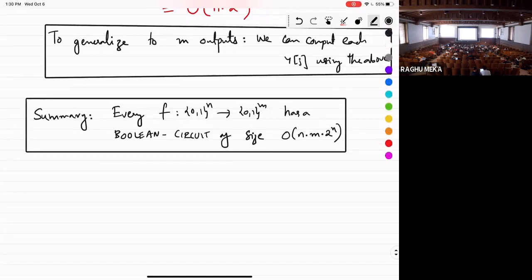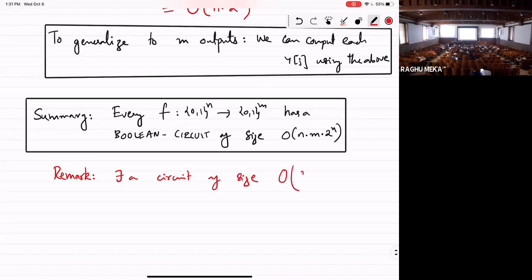So just as a remark, this is not the best possible you can get. You can actually do slightly better. There exists a circuit of size 2 to the n over n.